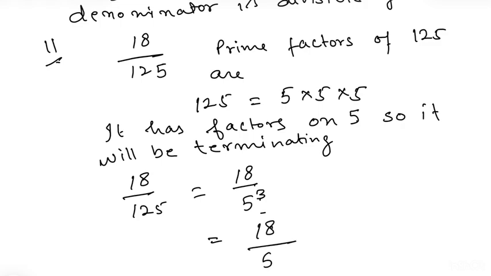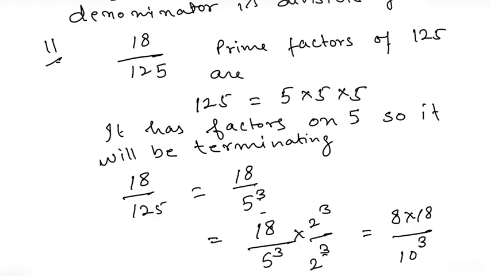If I multiply this with 2 raised to power 3 in the numerator and in the denominator, this is equal to 8 into 18 upon 10 raised to power 3.